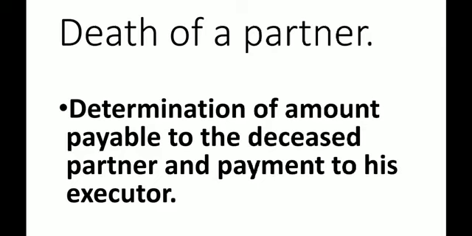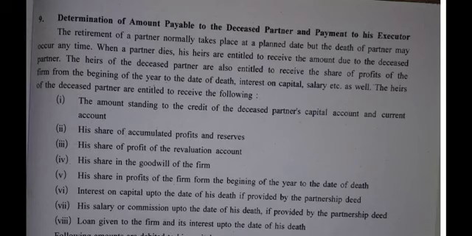This is the new topic that we understood. Please read these concepts carefully. Study this lecture thoroughly. As I said, you should study this at least twice before we solve the long sums regarding the death of a partner.